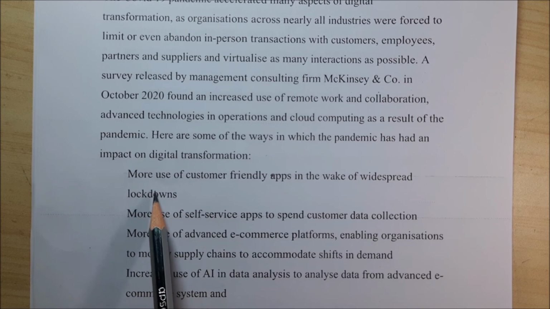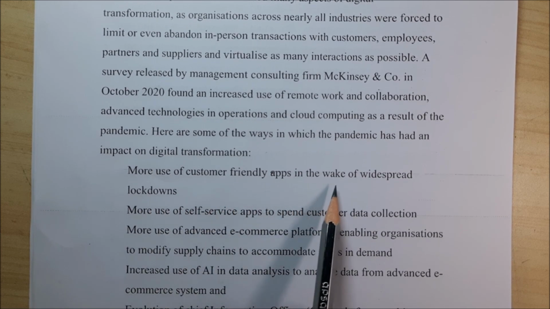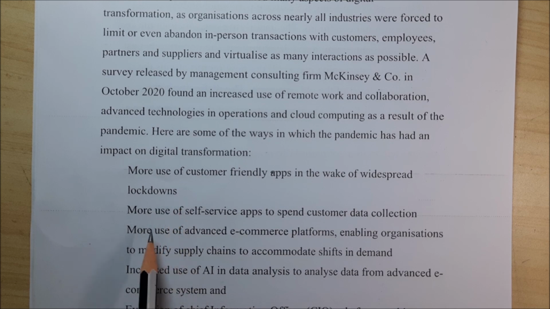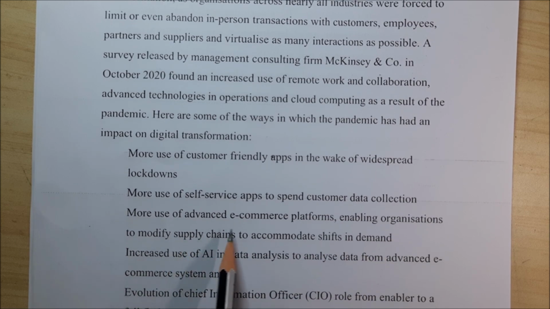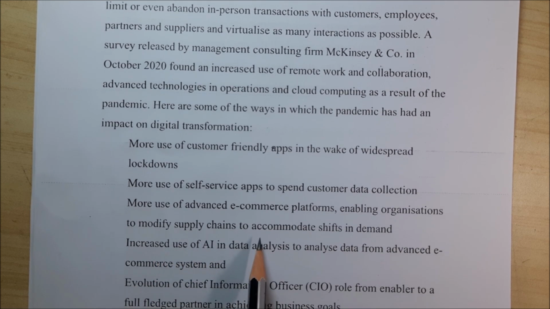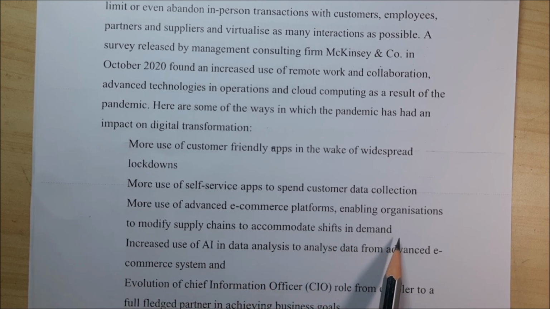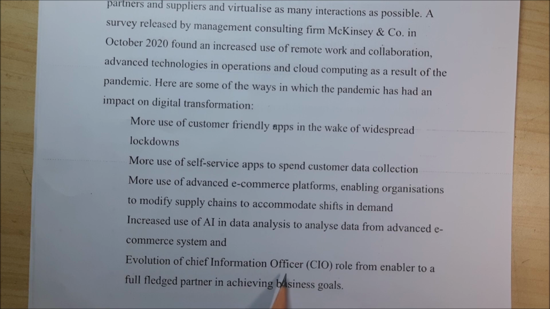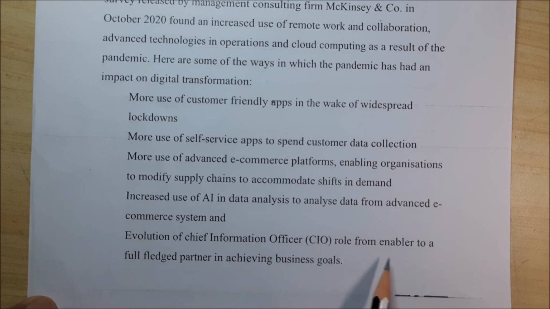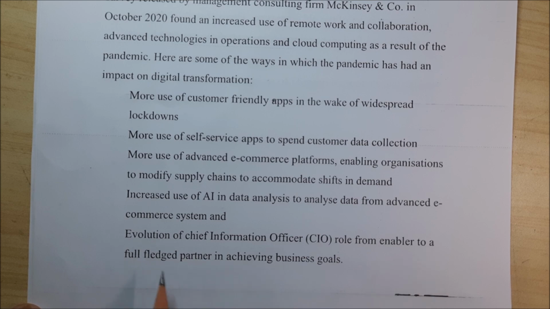Say here the transformation: more use of customer-friendly apps in the wake of widespread lockdowns, more use of self-service apps to spend customers' data location, more use of advanced computer platforms enabling the organization to modify the supply chain to accommodate shifts in demand, increased use of AI in data analysis and advanced commerce systems, and evolution of the chief information officer role from enabler to a full-fledged partner in achieving business goals.